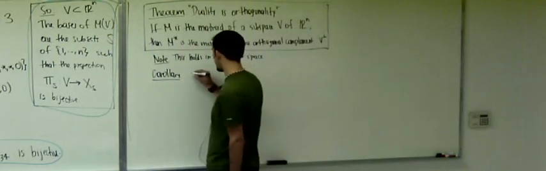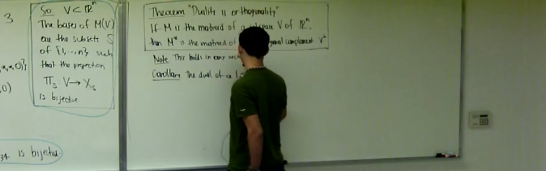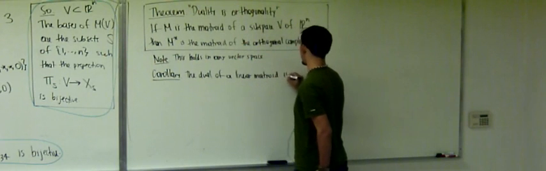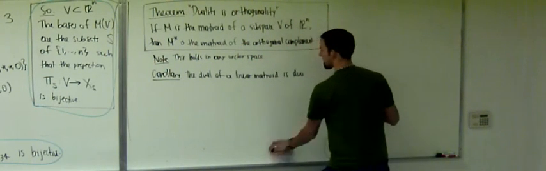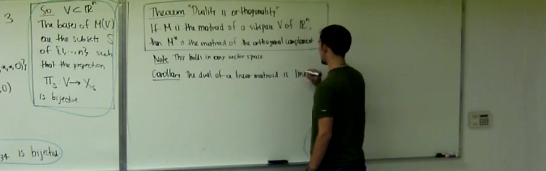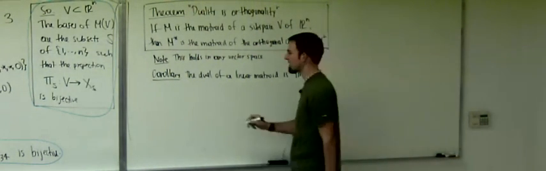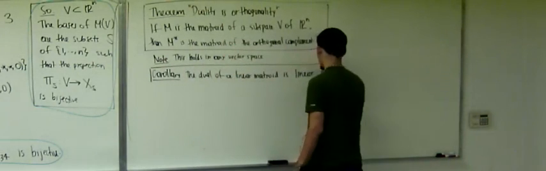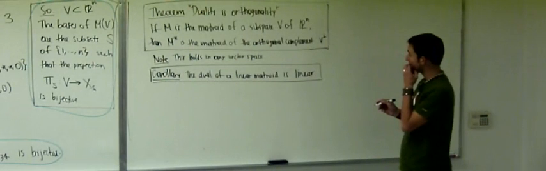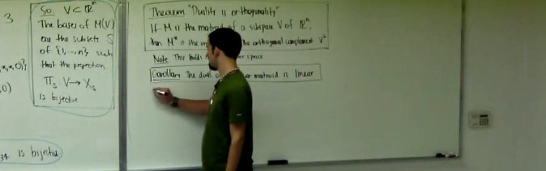So the corollary is that the dual of a linear matroid is linear. Which is one of the questions that we mentioned last time. Okay. So we're going to prove this theorem.